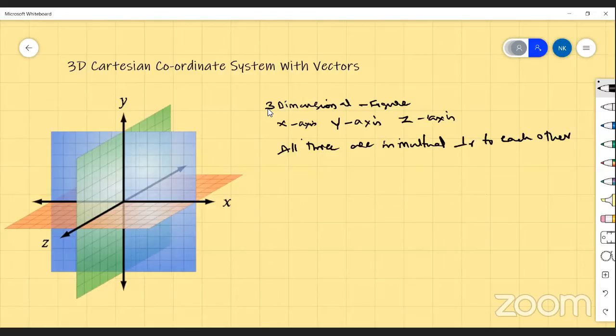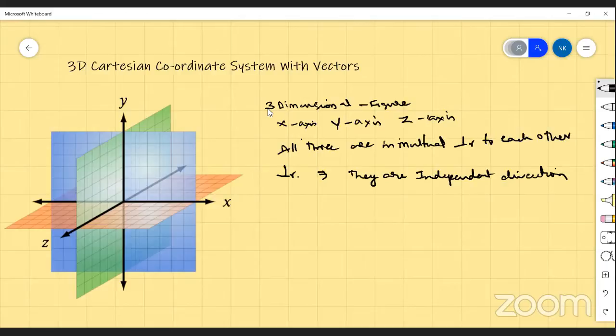So when they are mutually perpendicular, what does it indicate? They are independent directions. So this is the x-axis, this is the y-axis, and the z-axis.